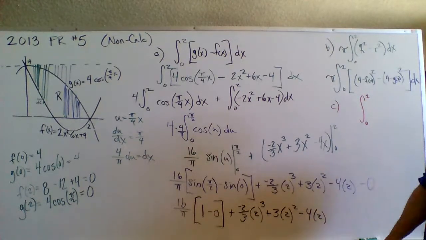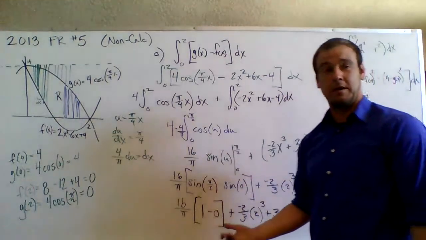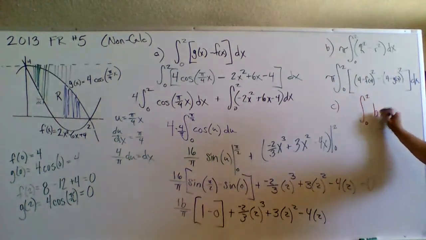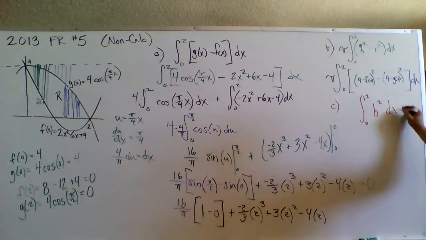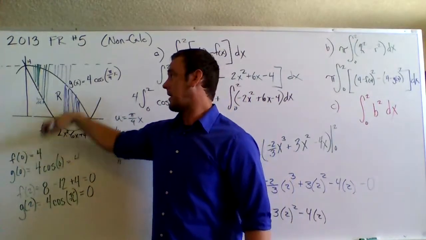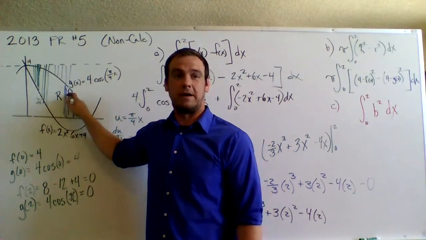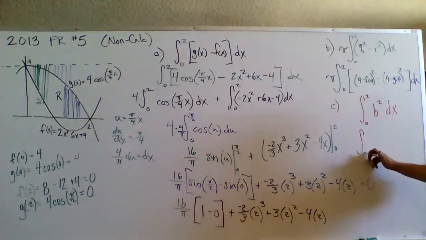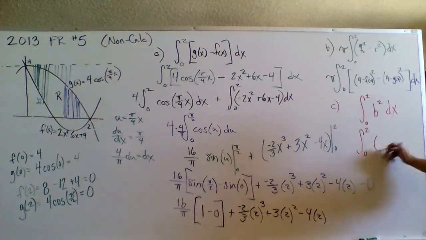Our cross sections are going to be squares, so it's just really going to be your base squared. I always like to go ahead and write base squared. This is with respect to x. My base is really going to be top minus bottom here, g of x minus f of x. So when I write this, I've got the integral from 0 to 2.